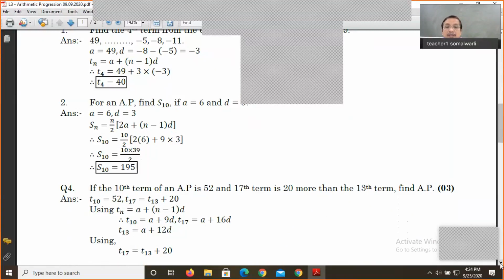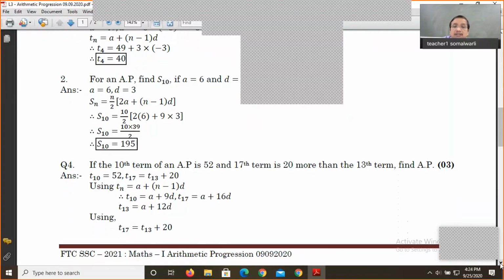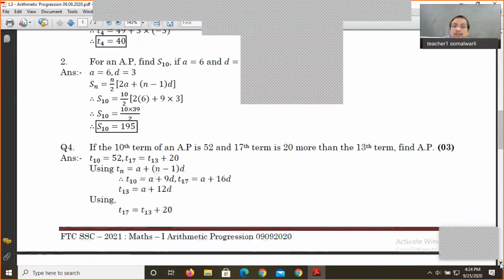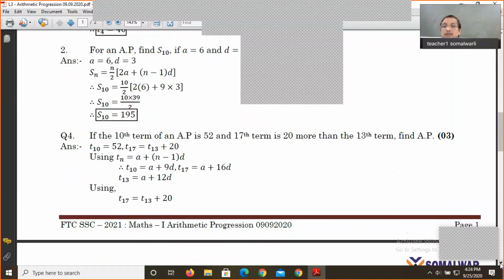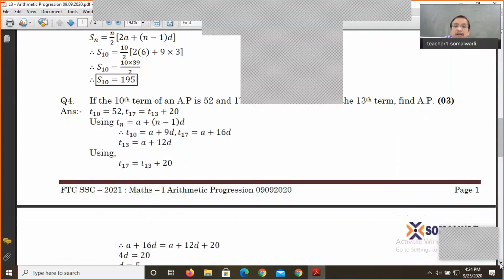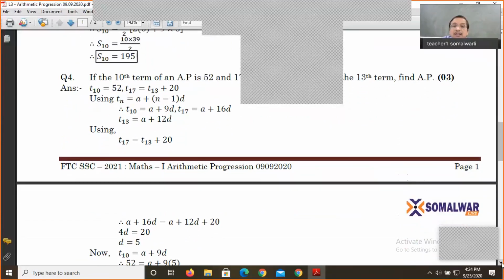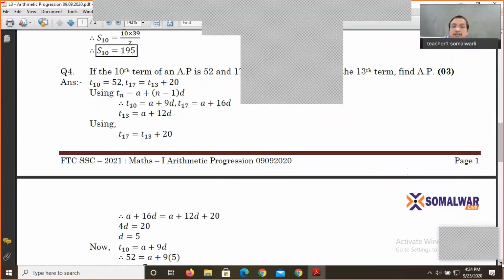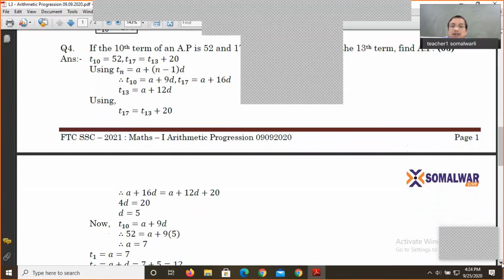T10 is A plus 9D, T17 is A plus 16D, and T13 is A plus 12D. Just writing the values of the terms that are given. Using T17 is equal to T13 plus 20, that is, the 17th term is 20 more than the 13th term. So we have A plus 16D, the value of T17, is equal to A plus 12D, the value of the 13th term, plus 20.